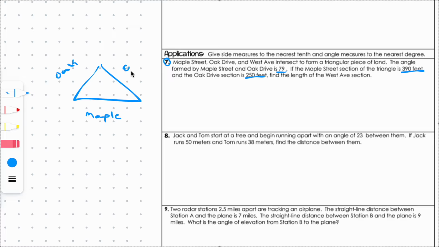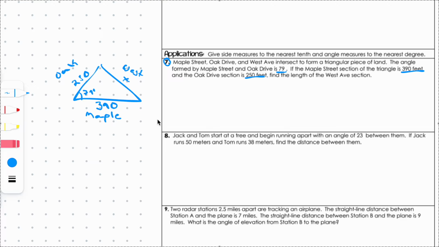The angle between Maple and Oak is 79 degrees. This section of Maple Street is 390 feet, and Oak is 250. We're trying to find the length of West Avenue, so that's going to be x.